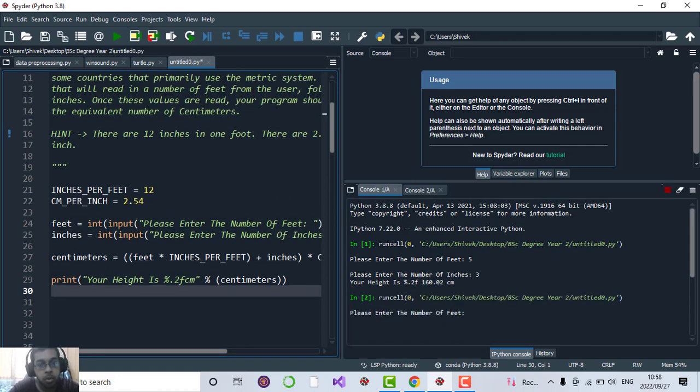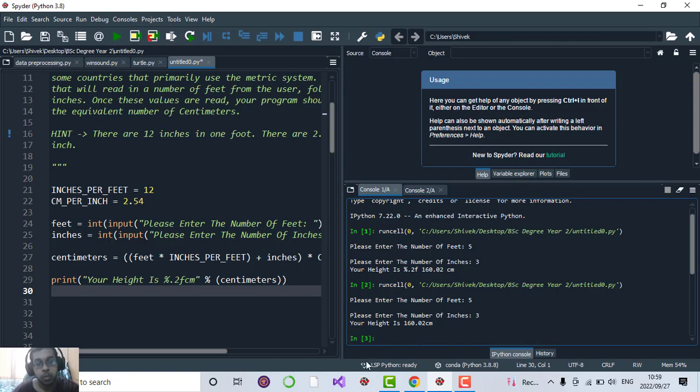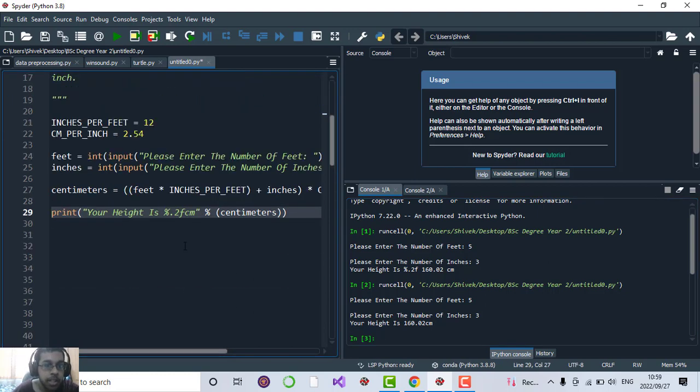So let's run this program. That's the only way we're going to know if it works. So 5 and 3, and as we can see, your height is 160.02 centimeters. That tells us that it works. Regarding this portion here, we've attached the cm to the number in the output message, and Python does not get confused.